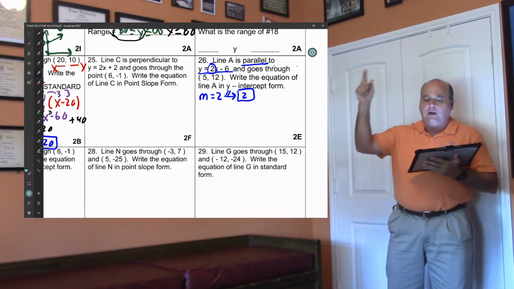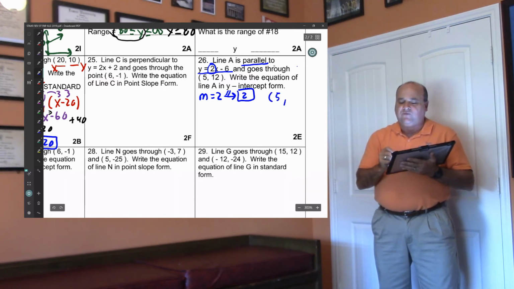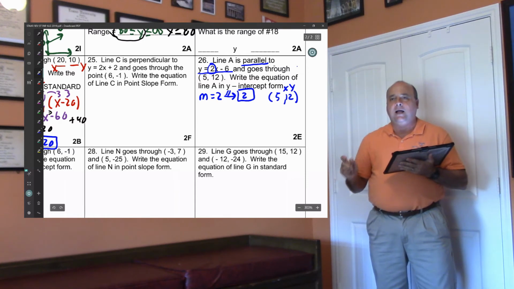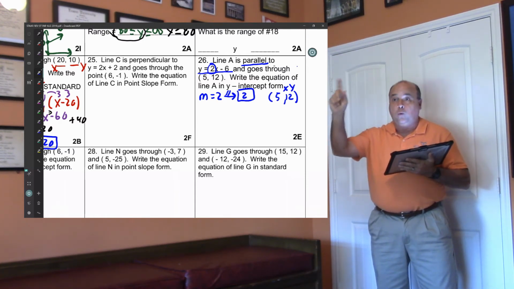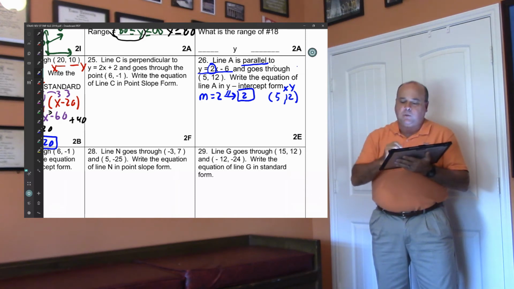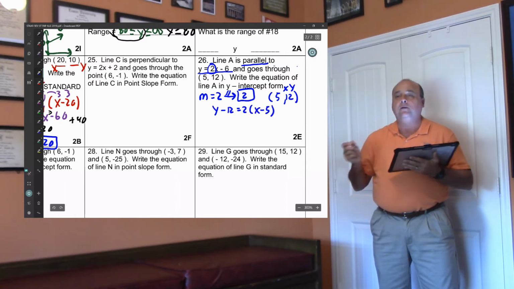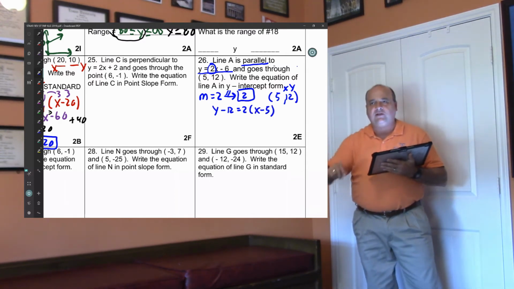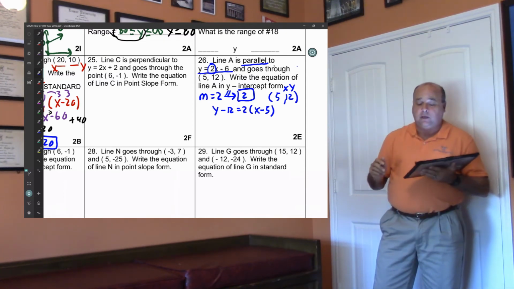So this is my m, my point is 5, 12, and this is my x, this is my y. I'm going to plug this into point slope and make it slope-intercept form. So let's plug it into point slope. y minus 12 equals 2 parentheses x minus 5. Now then, switch that to slope-intercept, y equals mx plus b. You could do this, okay?